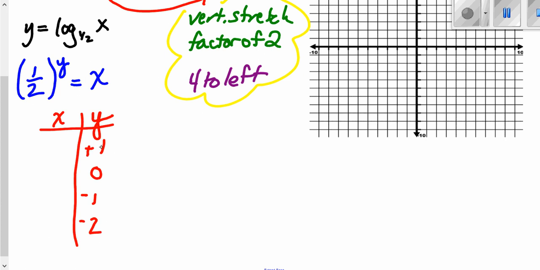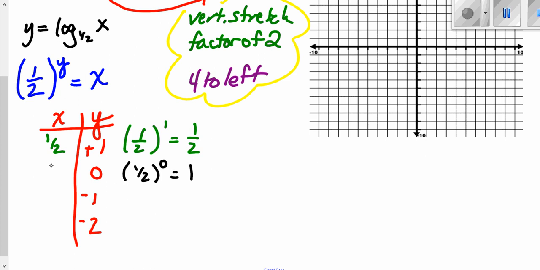So put in +1 for y, and you have 1/2 to the y, or 1/2 to the 1, sorry, tongue-tied, and that's a half. That's kind of not convenient in terms of plotting. 1/2 to the 0 is 1. That is convenient. Great. Then I have 1/2 to the -1.